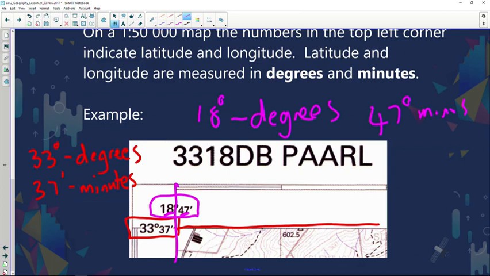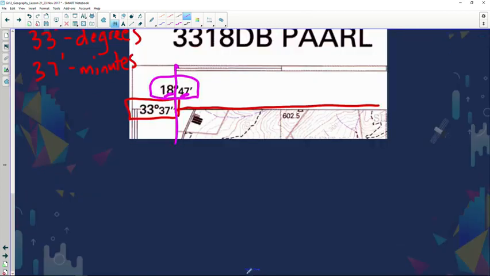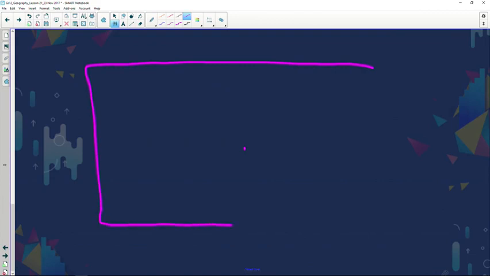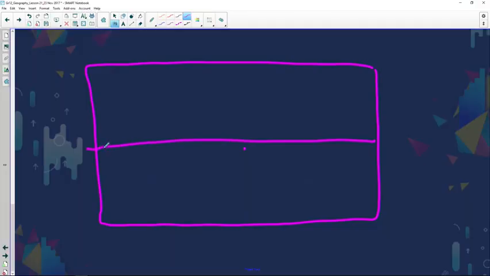But before I continue, I'm just going to explain to you South Africa's coordinates. Let's say I quickly draw a world map. What separates the northern from the southern hemisphere? The equator. What separates the western from the eastern hemisphere?